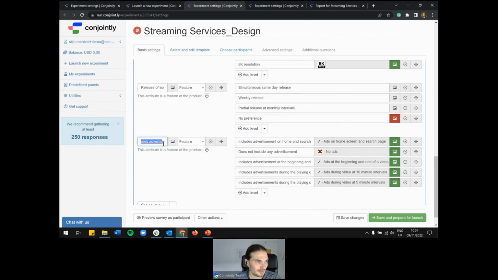And then the very interesting one about ads. So in this case, instead of just having does it not include ads versus ads, I thought there might be different ways of including ads. So I have an option that says has no ads. Then I have includes ads on home and search screen. So when you open Netflix, there's going to be an ad, and when you're searching for something, there might be an ad above your banner as well.